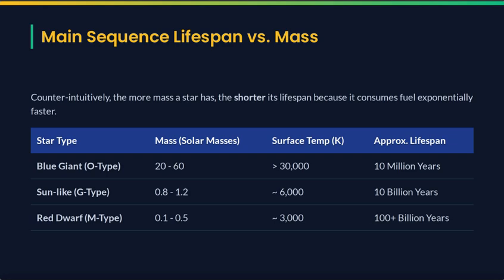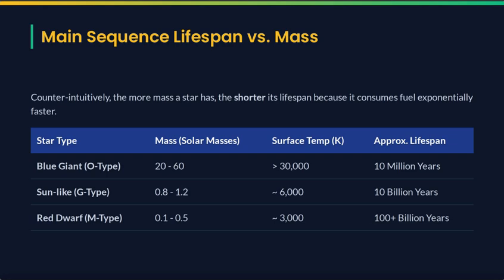Now you might think that's a long time, but compared to other stars, that's a very short amount of time. Looking at the Sun, which is the G-type, at 0.8 to 1.2 solar masses and around 6,000 Kelvin, it can live to 10 billion years.